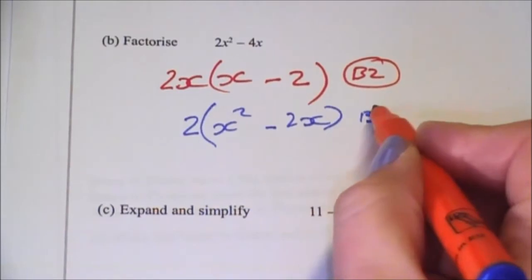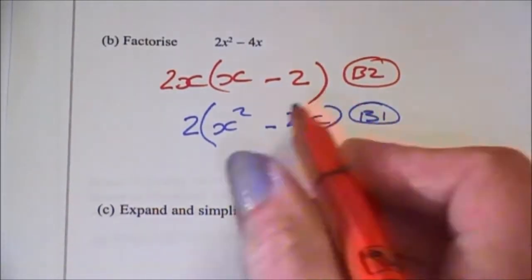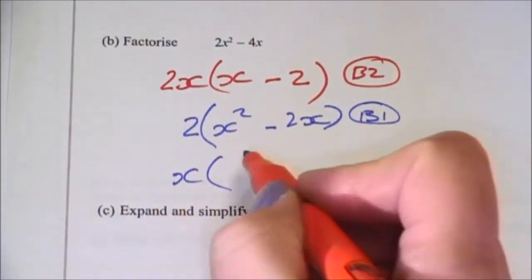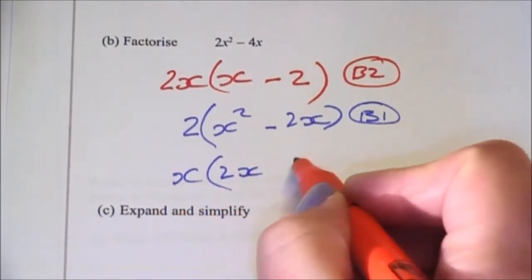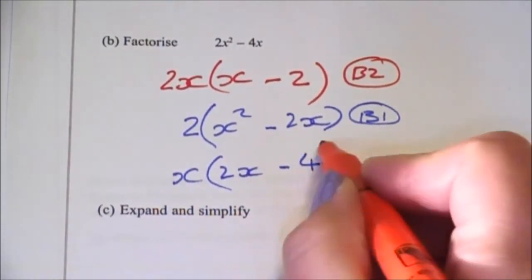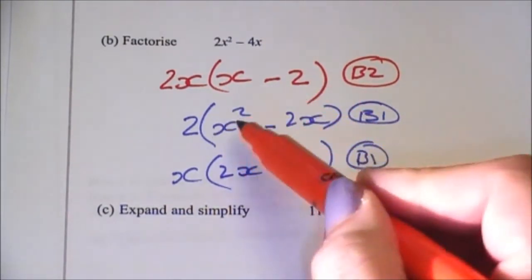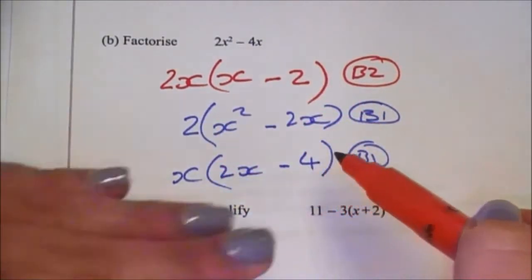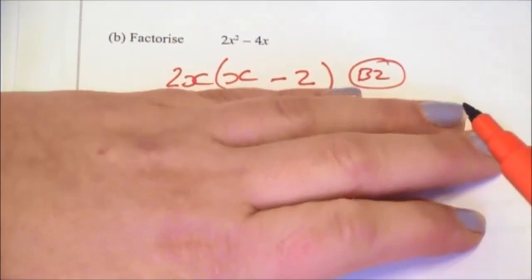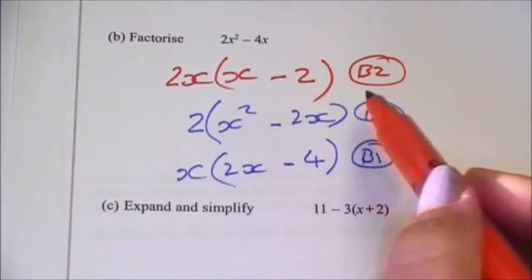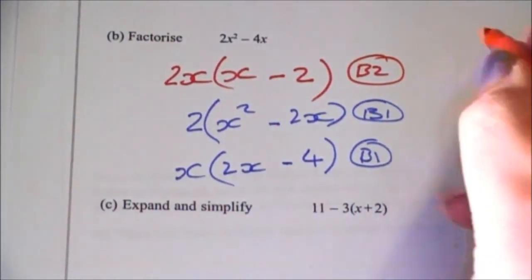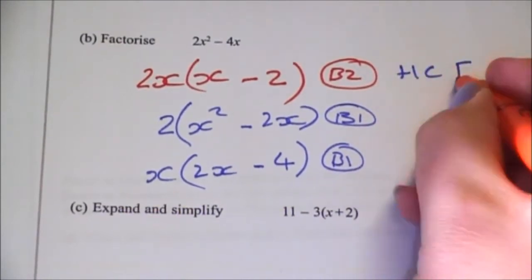That would get you 1 mark. Or you might have just removed the x and said that that would be 2x minus 4. That would also be a mark. However, if you don't know how to do it, that'll do. But that's how you factorise. You remove the highest common factor.